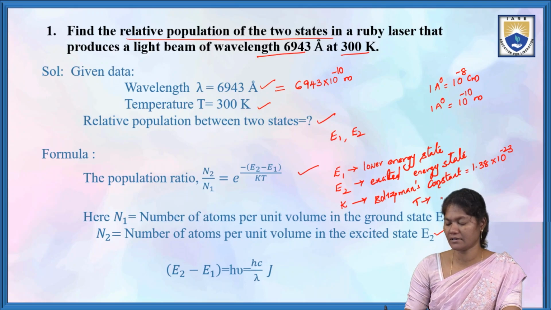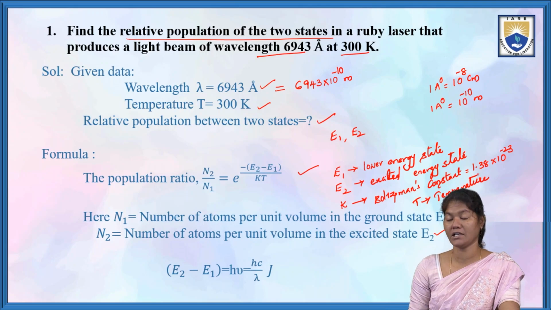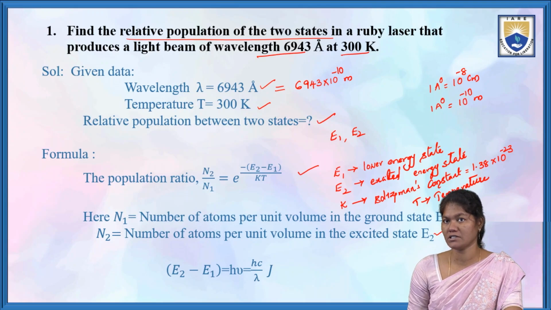T is the temperature. So these are the parameters in the formula. Population ratio N2 by N1 is equal to e power minus of E2 minus E1 by KT.